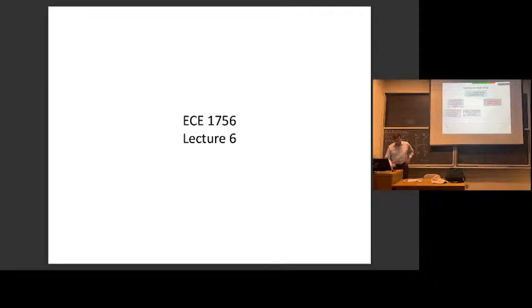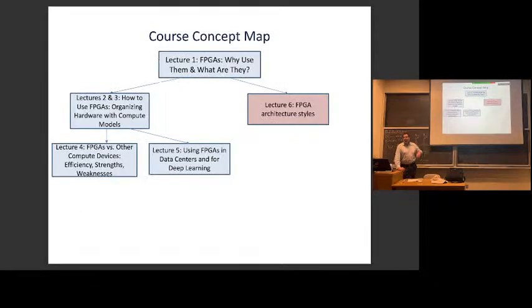Okay, so I'll go back to my course concept map. In the course so far, we've been talking about why would I use FPGAs, how do I use them, what are these compute models, how do they compare to other devices, and then we went through some case studies of applications, like how do they fit into data centers, how do they fit into deep learning, and so on.